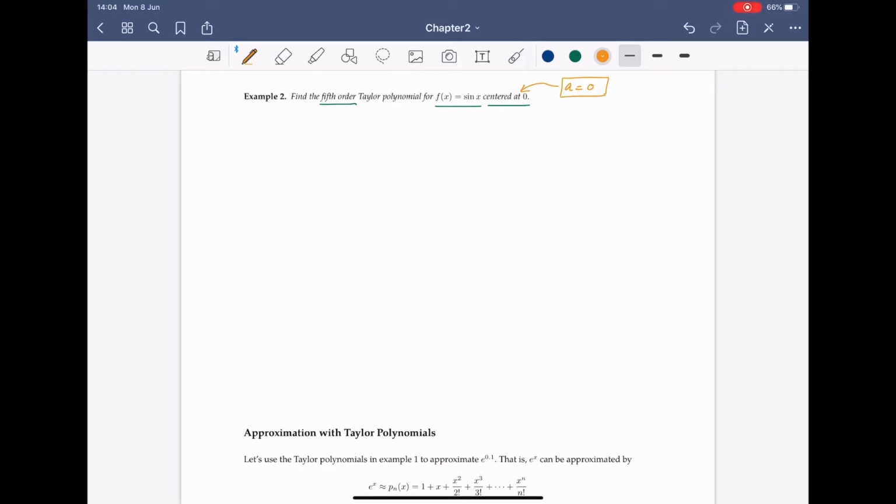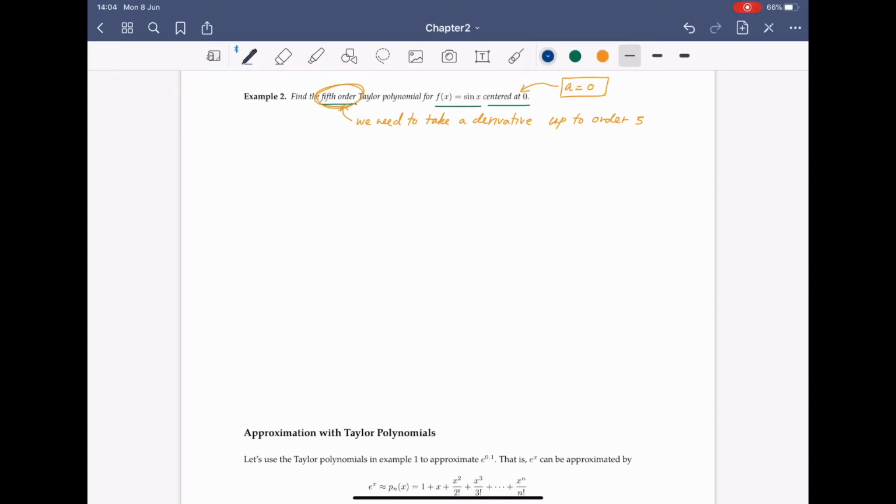And the fifth order Taylor polynomial means we need to take a derivative up to order 5, right? Because once you keep going with your differentiation, you need up to order 5 because you need the fifth order Taylor polynomial.